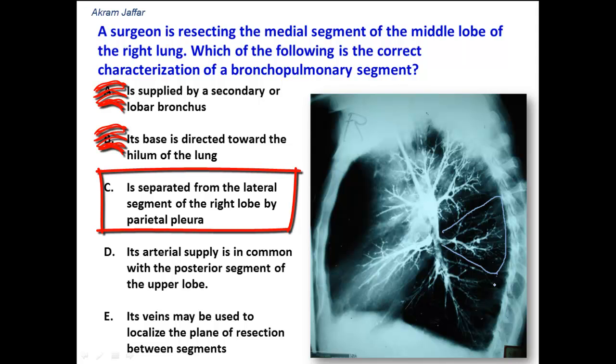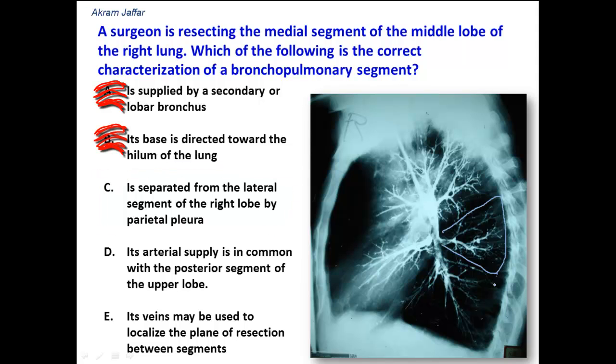Is it separated from the lateral segment of the right lobe by parietal pleura? No, it is not separated by parietal pleura. In fact, the parietal pleura encloses the lung, covers the outer surface of the lung, and it does not extend into the fissures of the lung. What extends into the fissure of the lung is the visceral pleura, not the parietal pleura.